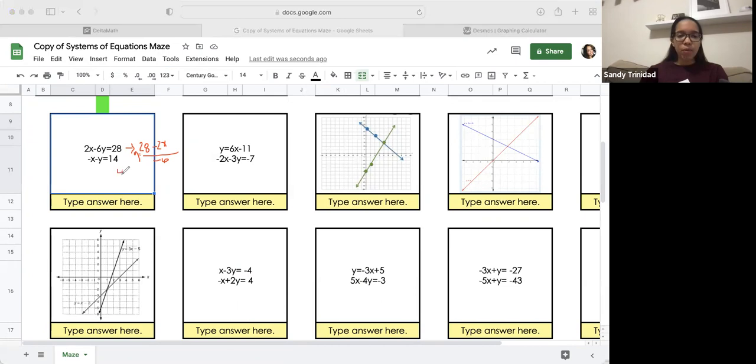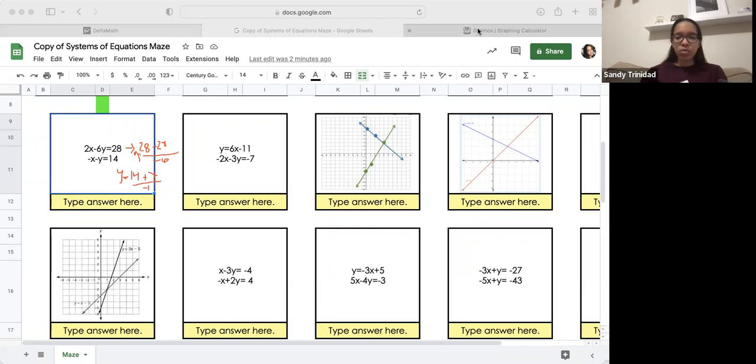So for that one, I have y equals, and you can write what I'm writing here in red. You should be writing it on a piece of paper, right? I'm just doing it here so that you can see it on the screen. So I have 14 plus x over negative 1.